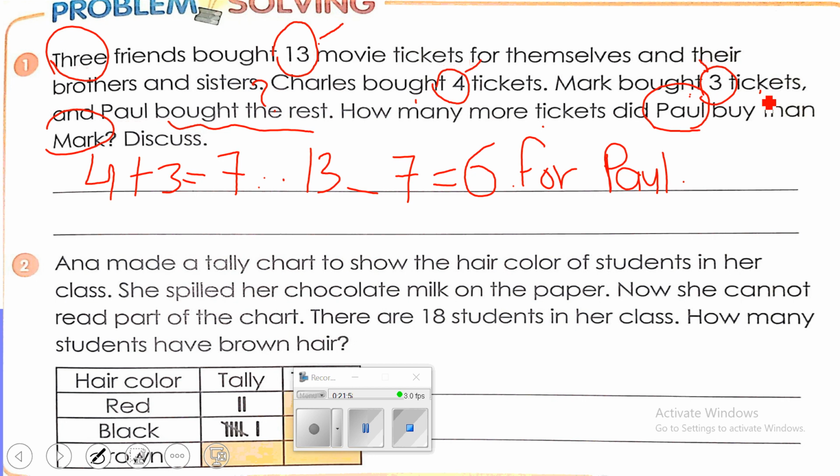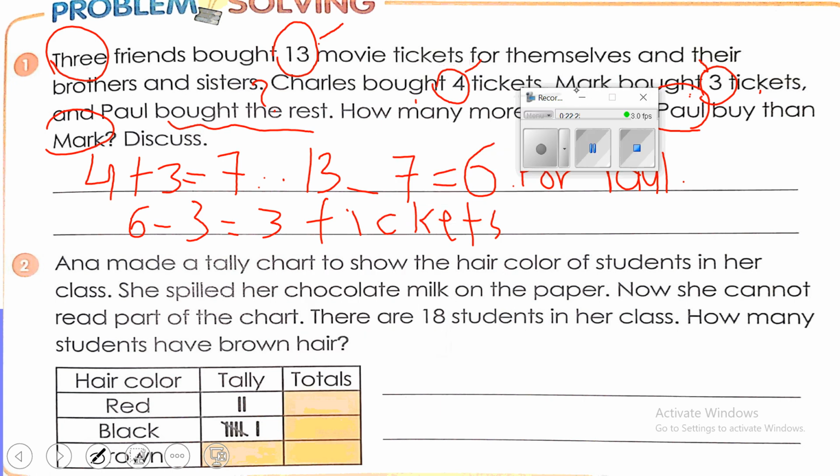Let's subtract now. What is the greater number? Excellent, 6. So 6 minus 3 equals 3. Here is the difference between 3 tickets. The difference between Paul and Mark. Yes, I know it's a little bit difficult, but you are smart.